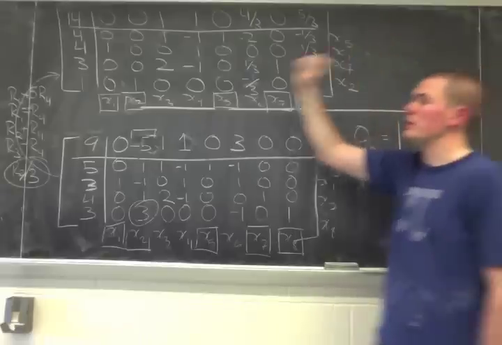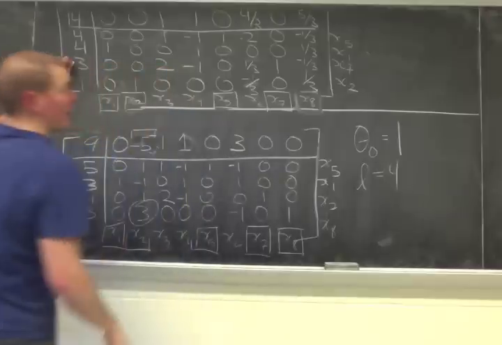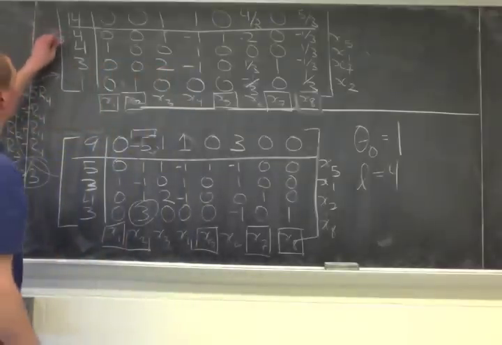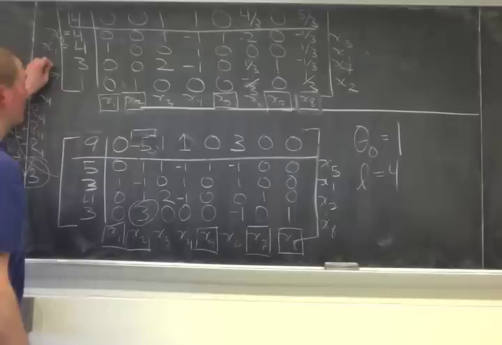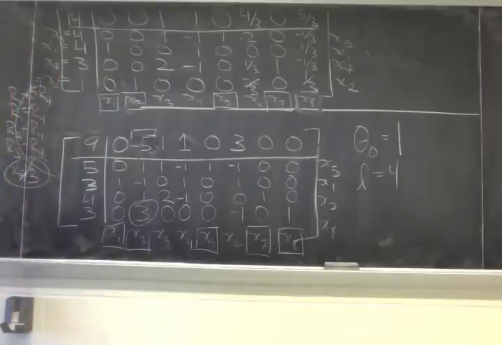We can then reconstruct our basic feasible solution from these values. Remember, we have from our basic variables, x5 equals 4, x1 equals 4, x7 equals 3, x2 equals 1, and every other variable is equal to 0.